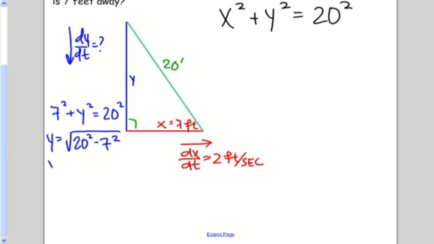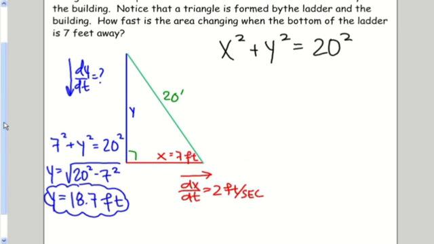This comes out to, we'll round it to, 18.7 feet. This is a piece of information that I'm going to need in this problem that's not really given, so it's a little side algebra we had to do to figure out that value. But now we can jump in and start solving this thing.